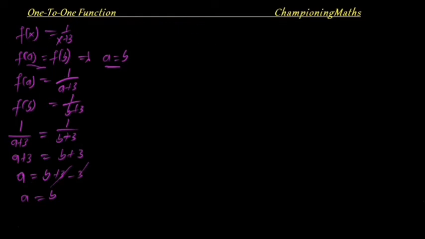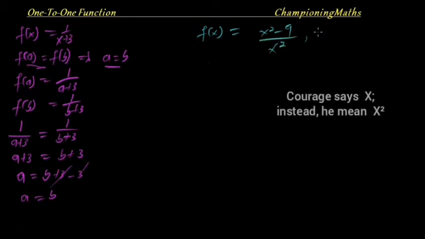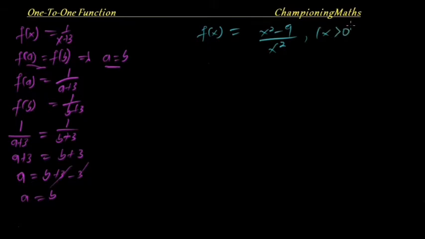And so now having another problem where we have f of x being equal to x squared minus 9 all on x squared, where x should be greater than 0. Will we say that this function is a one-to-one function? Well, for a function to be one-to-one, then f of a must be equal to f of b of the same function, where a will be equal to b.